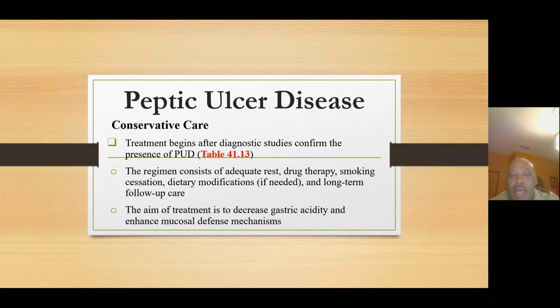Again, they need adequate rest and also IV fluid replacement, because if they're NPO, they're not eating, they're not drinking, they need fluid replacement in order to not go into a fluid and electrolyte imbalance.